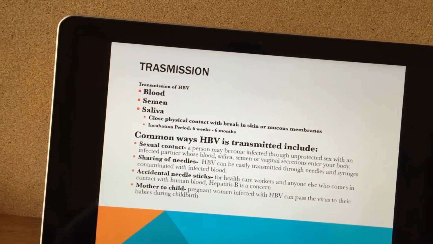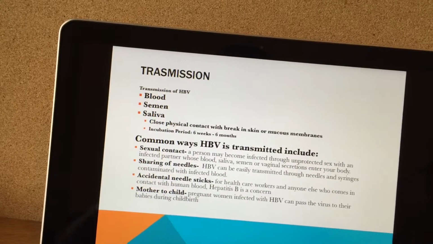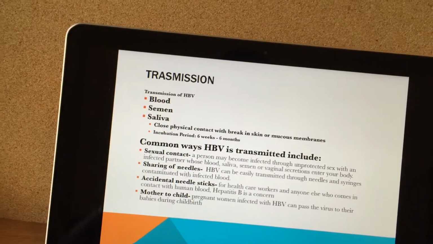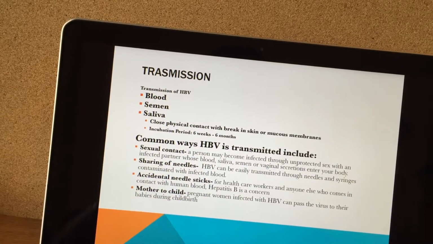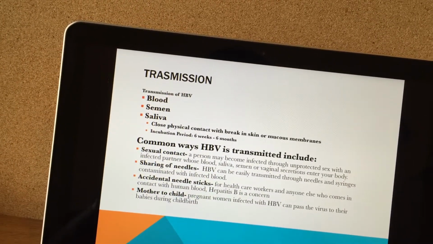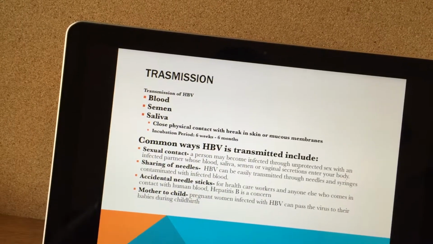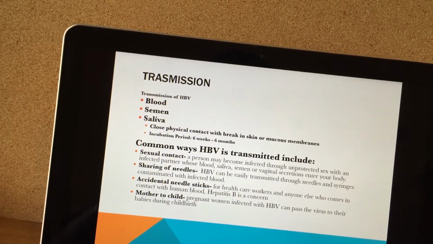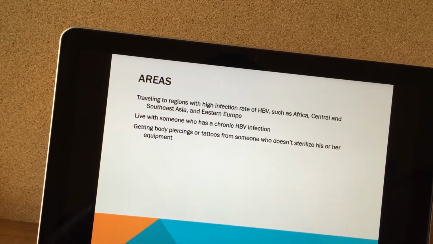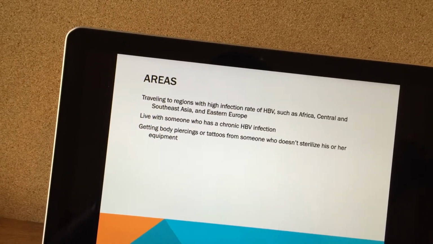This slide shows a couple of common ways someone can be infected with hepatitis B. For instance, sexual contact. A person may become infected through unprotected sex with an infected partner, with blood, saliva, semen, or vaginal secretion getting into your body. Other ways to get hepatitis B is the environment that you are living in.